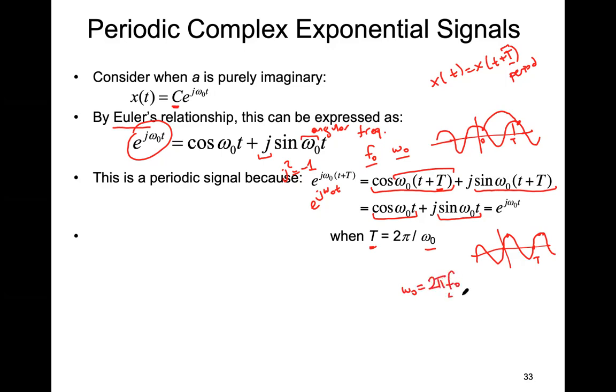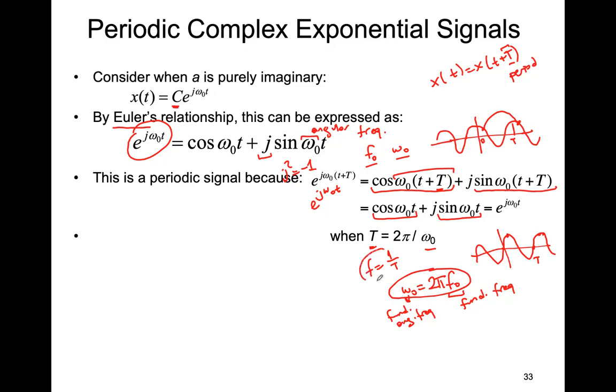This is my fundamental frequency, and omega 0 is my fundamental angular frequency. I think you should remember this. This is a very critical thing. And if you remember, f is equal to 1 over T.